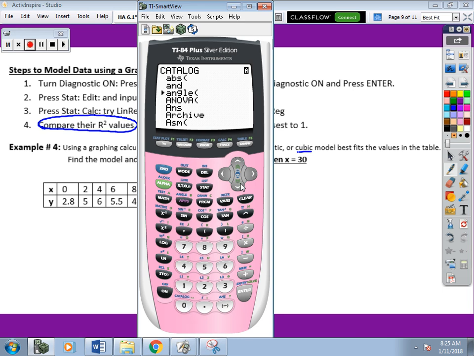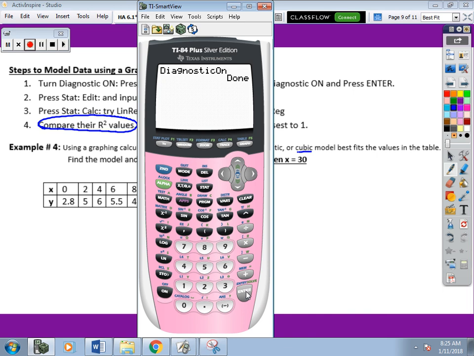You can either arrow down until you get to the D's, diagnostic on, or you can press the alpha button and then the letter D, and it'll jump down to the D's. Then go down until you find diagnostic on, and hit enter 2 times. The catalog is like the index. It has every single possible thing your calculator can do if you aren't able to find it. So diagnostic on, hit enter 2 times, and it should say done. Now your diagnostics are on. They should stay on unless you reset your calculator.